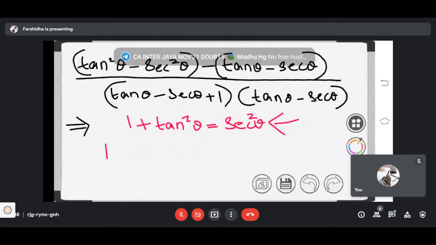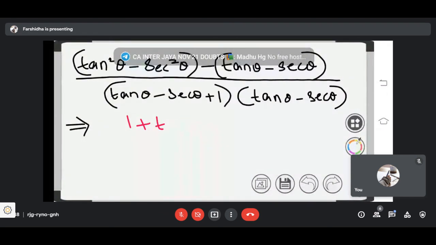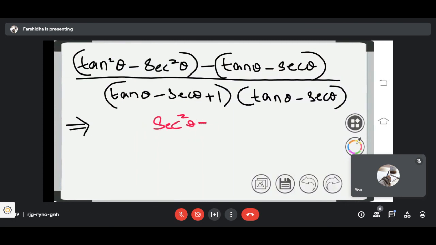Don't write like this. Better you write like this one, which I have given you in the note. Sec square theta minus tan square theta equal to 1. Therefore, tan square theta minus sec square theta equal to minus 1. When you change the sign, the sign changes here also.